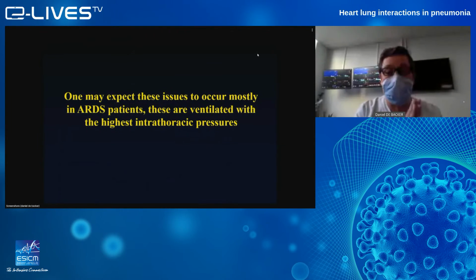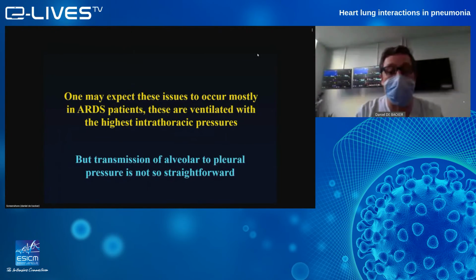One may expect these issues to be really occurring mostly in patients with RDS because these are ventilated with the highest intrathoracic pressures. Nevertheless, one of the factors that may play a role in these conditions is the fact that the transmission of alveolar to pleural pressure is not really straightforward.